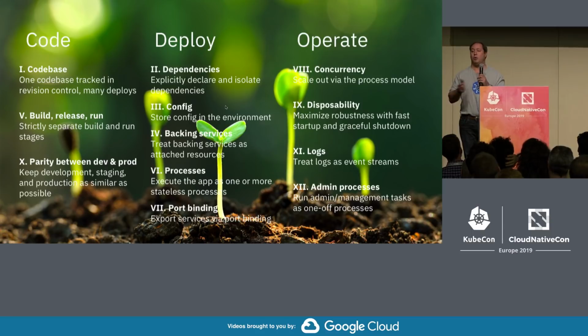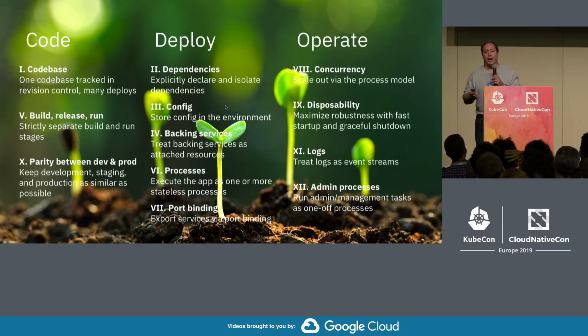What don't you want to do? You don't want to have 5 different versions of your code, with different people running and deploying from those 5 different versions. Because eventually you're going to have a bad day and bad things are going to happen. Ideally, you want a single code base, and from that single code base is where you're going to be deploying and building, et cetera.